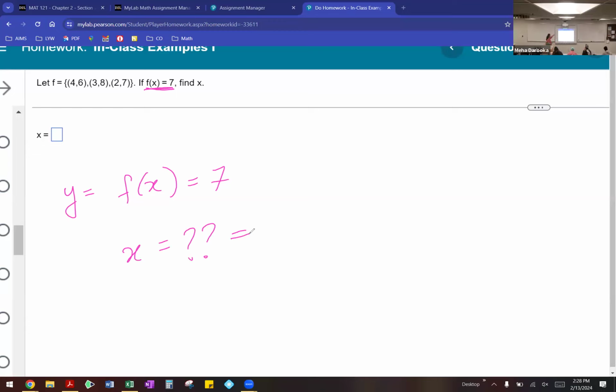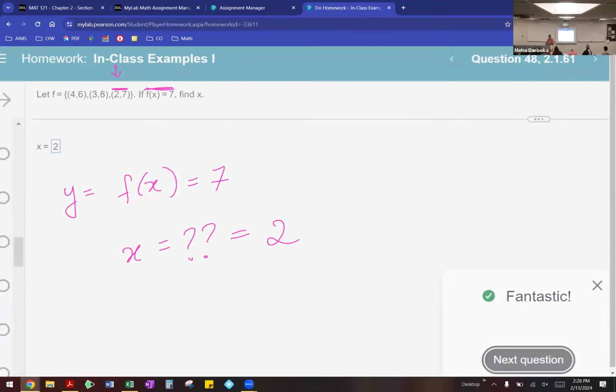Yeah, very good. So this time we go and find the ordered pair where the y value is 7. And that's of course this guy, and you can see the corresponding x value is going to be 2. All right, wonderful. So just getting used to working in either direction. If they're trying to find x or they're trying to find y, we should be able to recognize those. Okay, perfect. So let's check this guy.